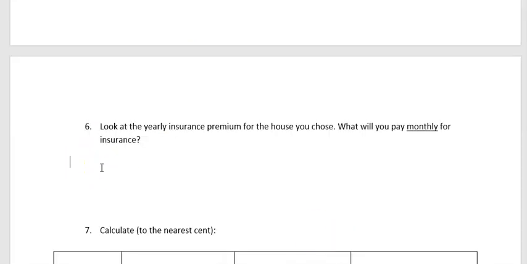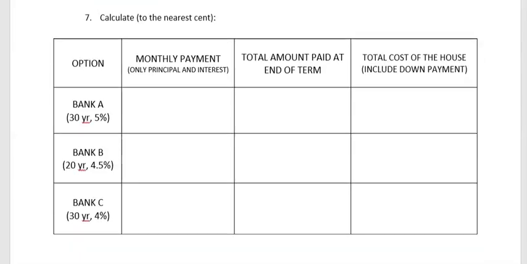So it's going to be similar to the taxes, around $100 or so a month. So we'll do 1,800 divided by 12, and I get 150. So that $150 is how much I'd pay monthly for my insurance. Again, I'm going to highlight that number because we're going to come back to it.